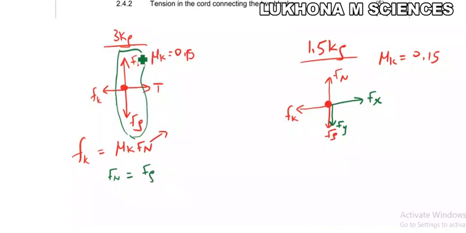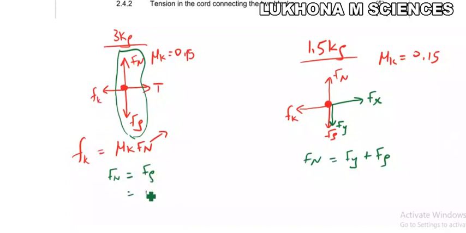In our case, we have only 1 upward force and 1 downward force. Let's look at the 1,5 kg block. In this case, we have 1 upward force and 2 downward forces. Then you calculate the normal force. Let's start with this one.